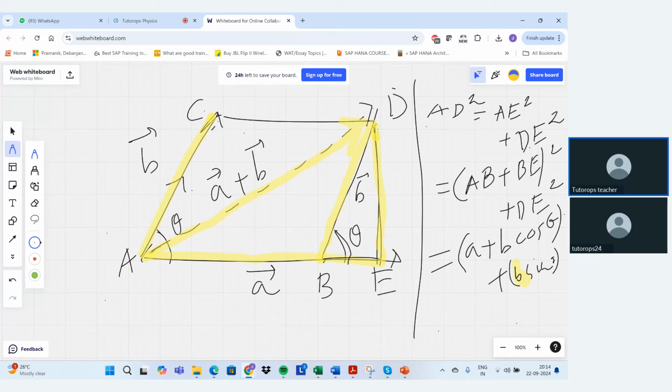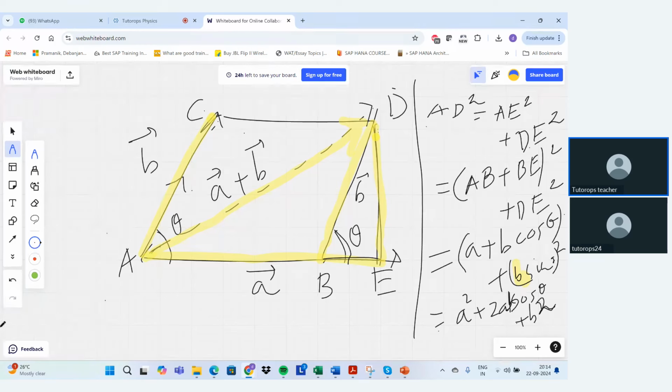If you drill down, it will be coming from here: A square plus 2AB cos theta plus B square. So this is my AD square.